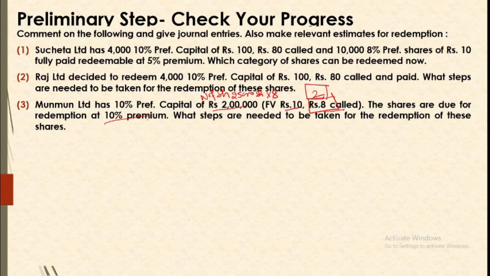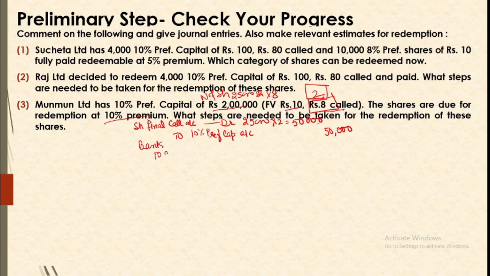Now you will make final call of 2 rupees due. So share final call account debit. Alright. So on 25,000 shares, 2 rupees per share. So 50,000 rupees will be called and your 10% preference capital will be raised. You will receive the same amount.